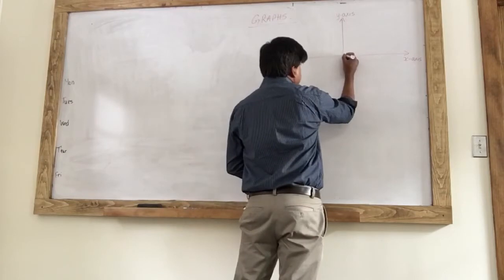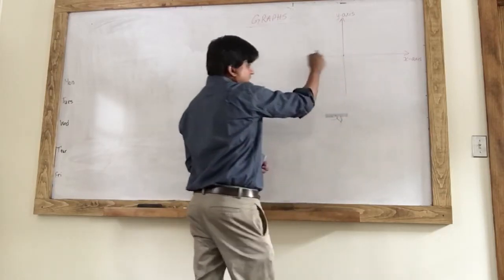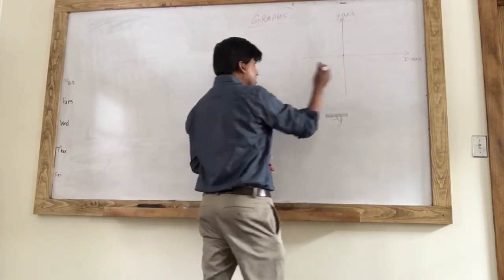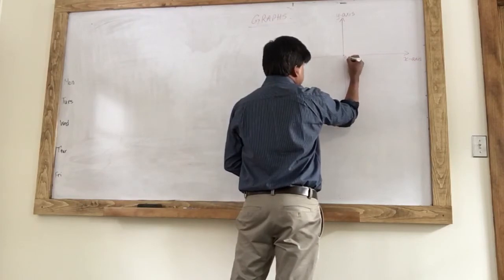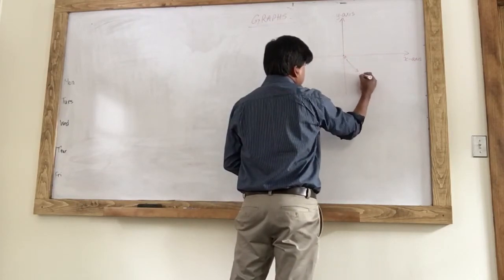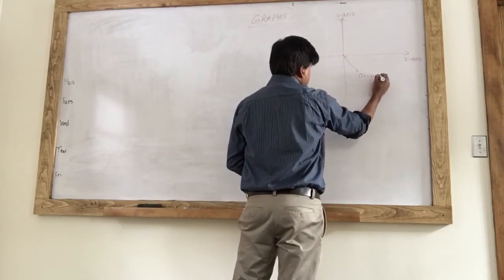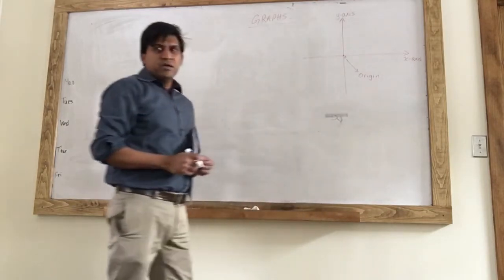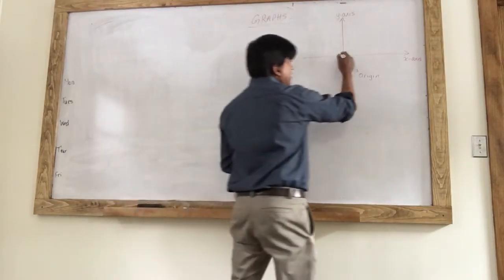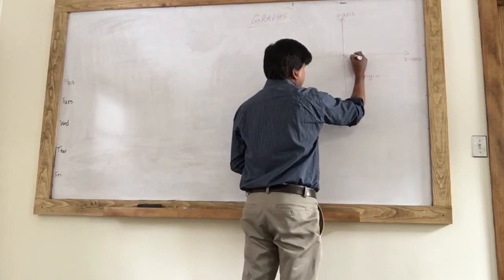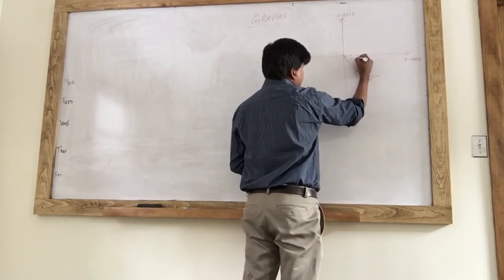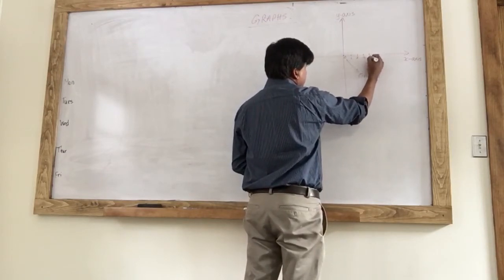The middle point where the two lines intersect, the horizontal and the vertical line, is called the origin, or the starting point. And then we'll move on the right side and we'll count numbers as if they were on a number line.